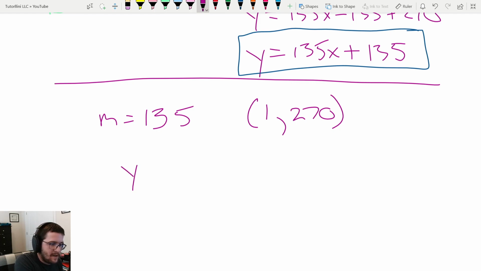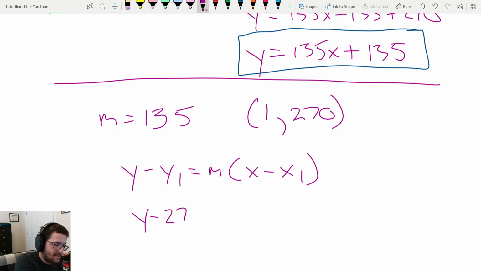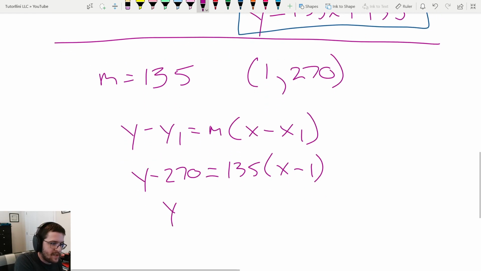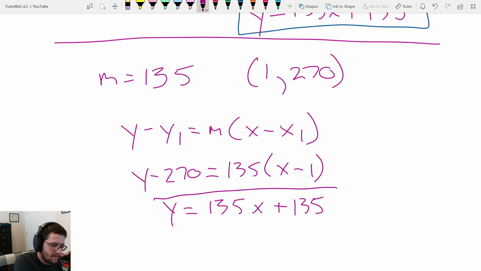So why don't I do point-slope? y minus y1 equals m times x minus x1. And we get y minus 270 equals 135 times x minus 1. And if you add over the 270 and then distribute, you get the same thing.